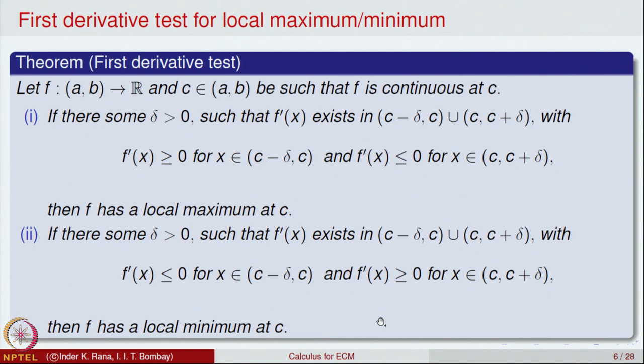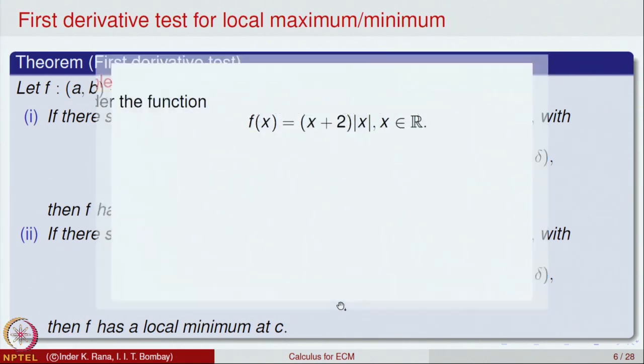So, this theorem can be used to analyze whether a point is a point of local maxima or minima for a given function or not. One has to check all these conditions and then draw the appropriate conclusion.